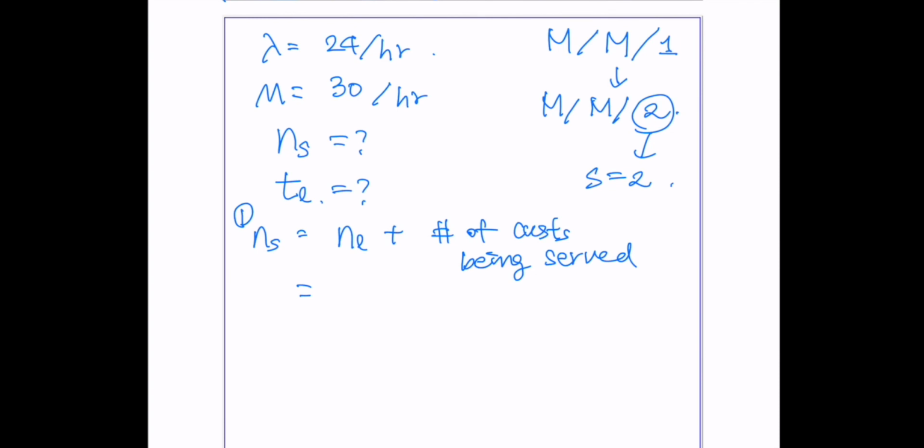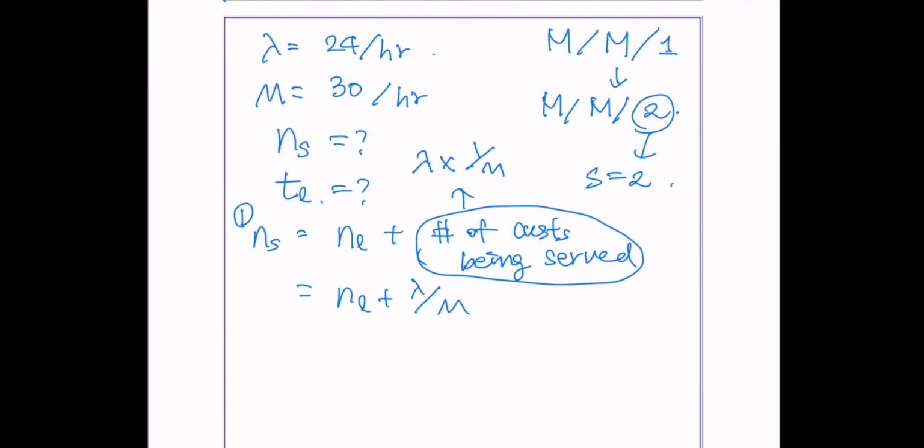Then this part is based on Little's law. Although the formula is given, we can see that arrival rate multiplied by the throughput time for the service, which is the service time. So we can rewrite NL plus lambda over mu.